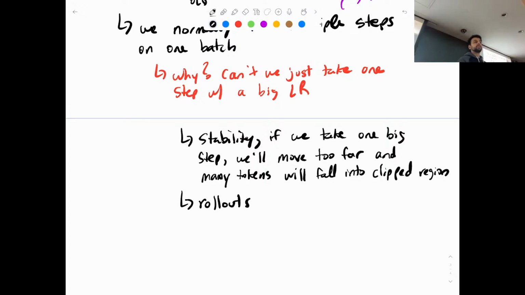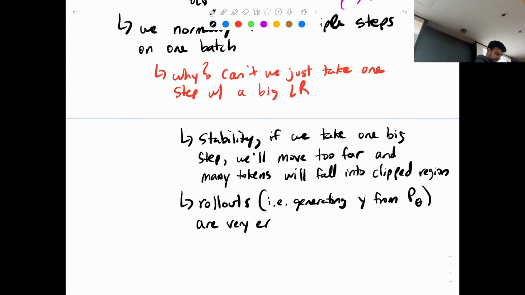We want to measure how well it's doing on some new examples. So we have to take some prompts, generate some responses Y from those prompts using our current model. Those are called rollouts. So i.e. generating Y from our policy model P theta is very expensive.